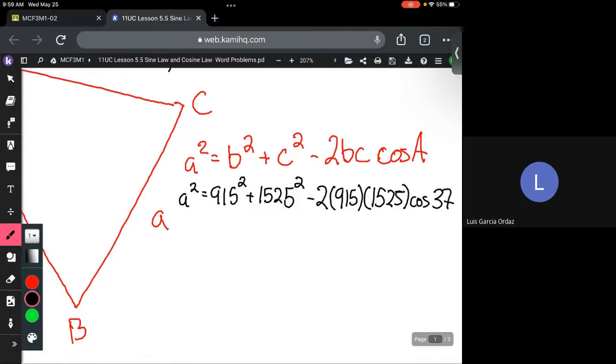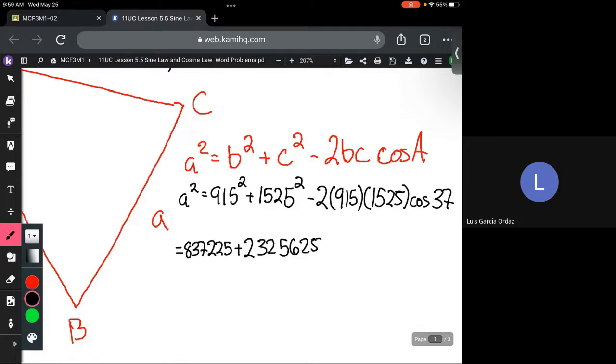So now you're going to do 915 squared, which is a ridiculously big number, and 1525 squared, which is another big number. So that's 837,225 plus 1525 squared, which is 2,325,625.